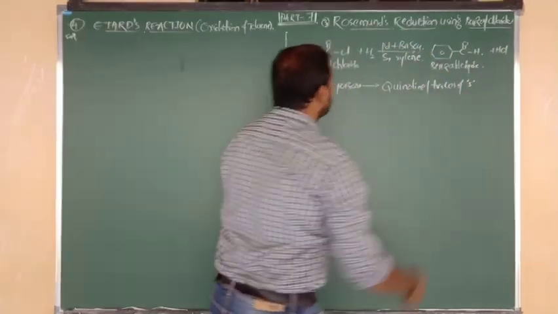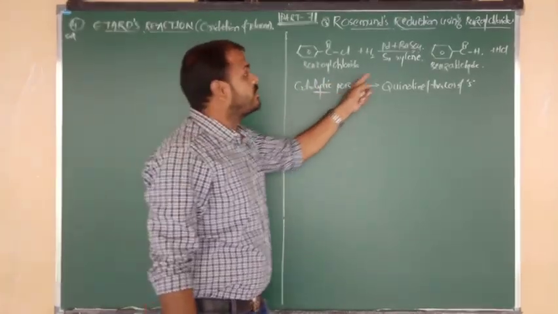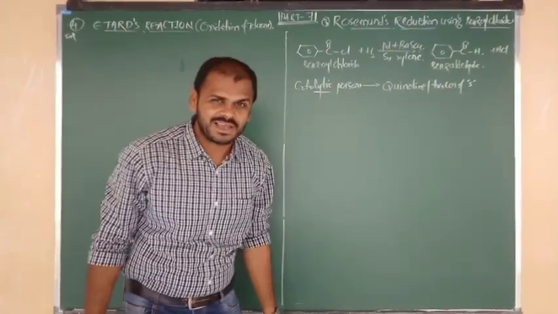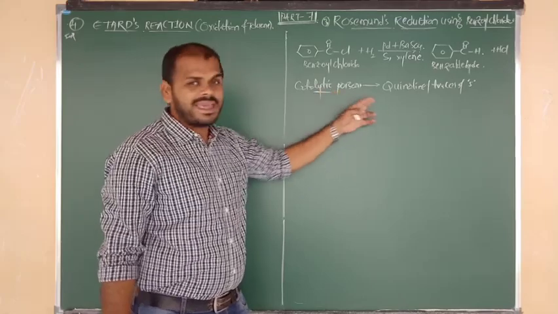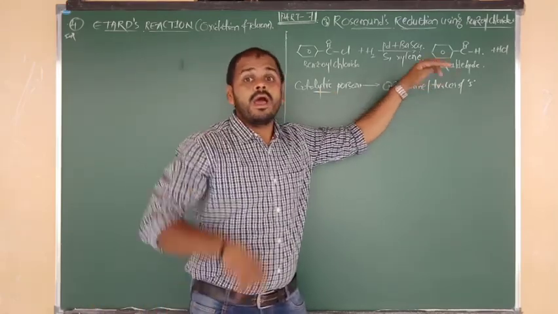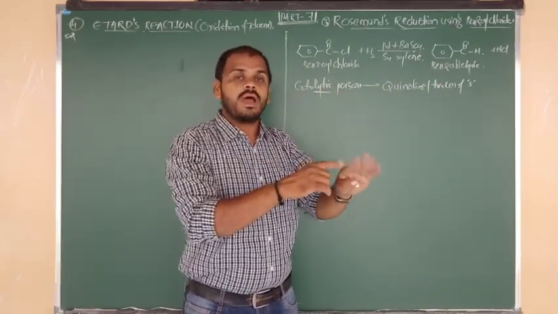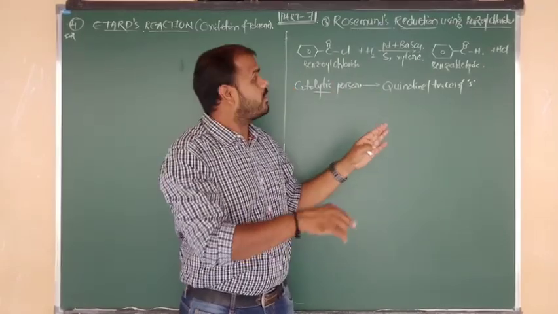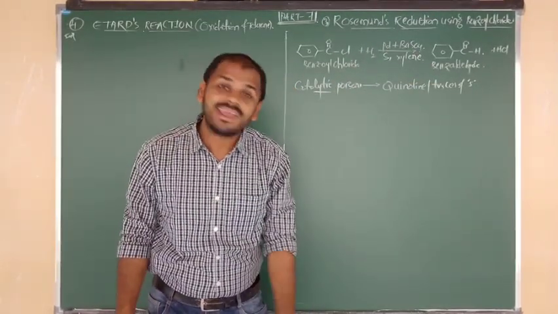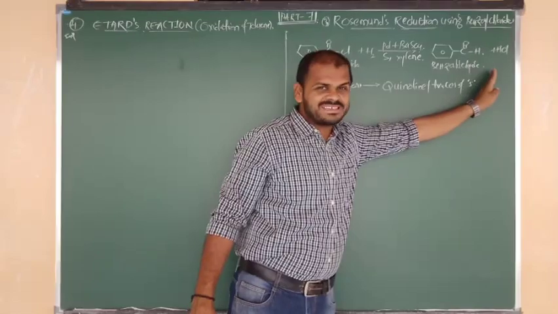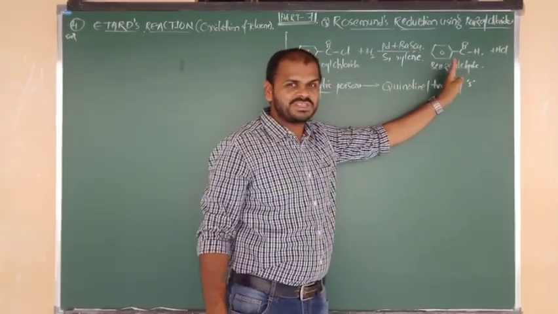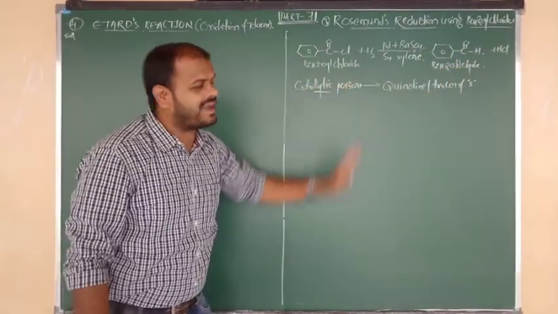Both are used as catalytic poisons for the palladium plus barium sulfate. If these are not added, benzaldehyde will again undergo reduction into the respective primary alcohol. But we want only benzaldehyde, so we have to stop the reaction. For that purpose we have to add catalytic poisons.